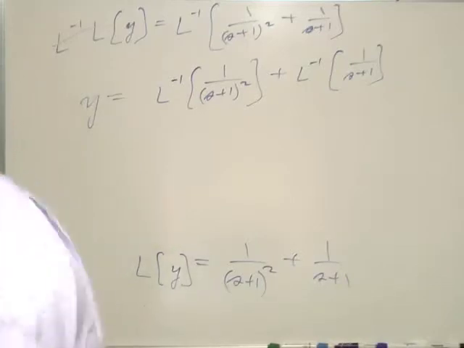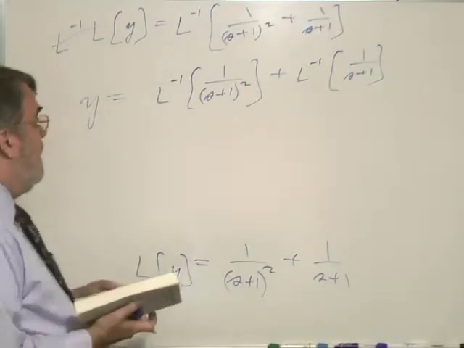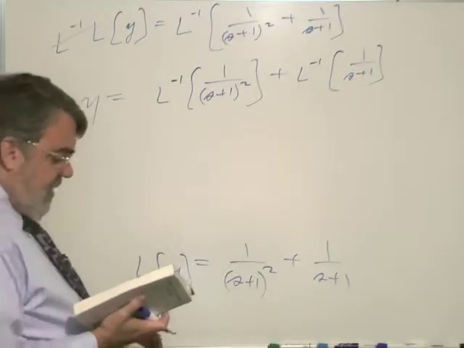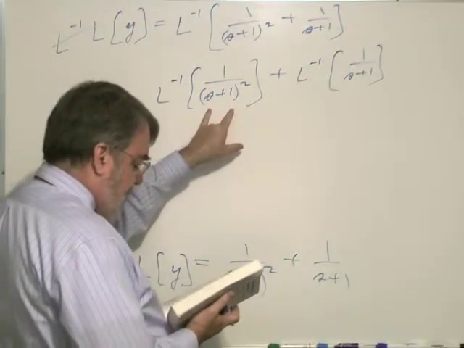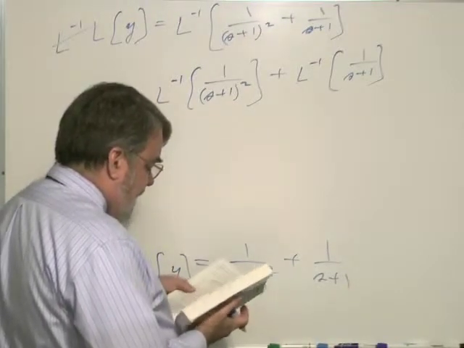So now it's a matter of looking up the answers from the table. If we look in the table for 1 over (s plus 1) squared, that would be associated with the sine function.